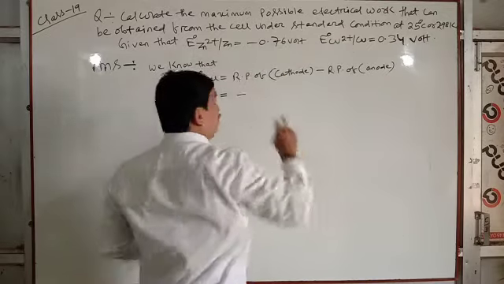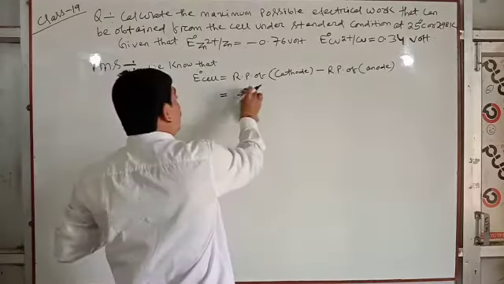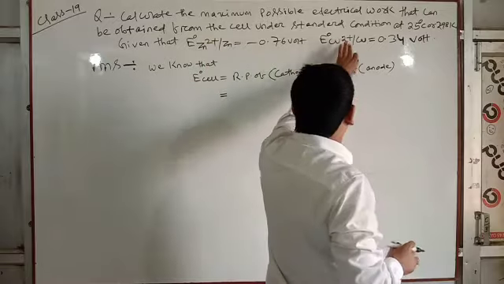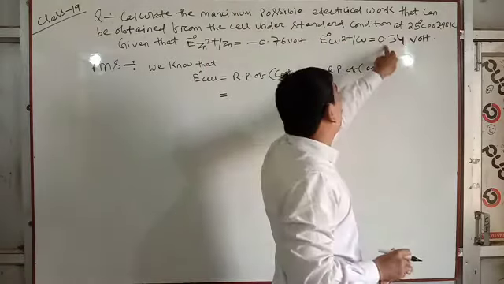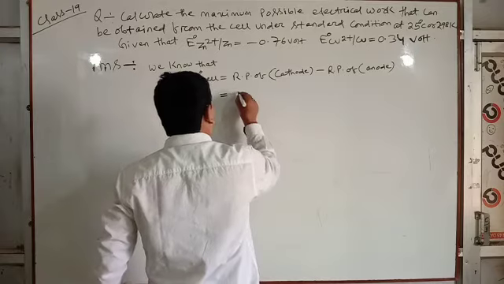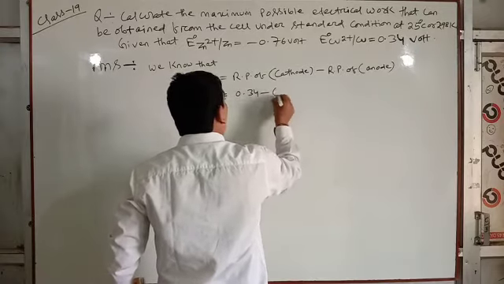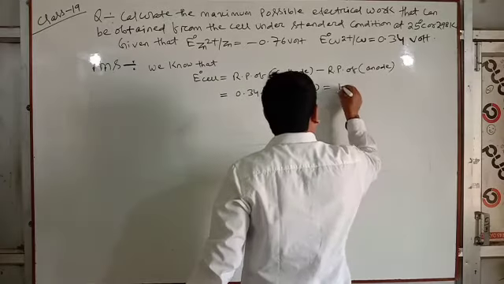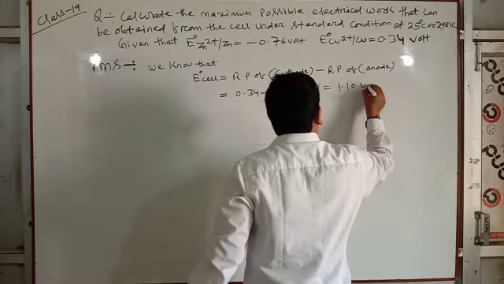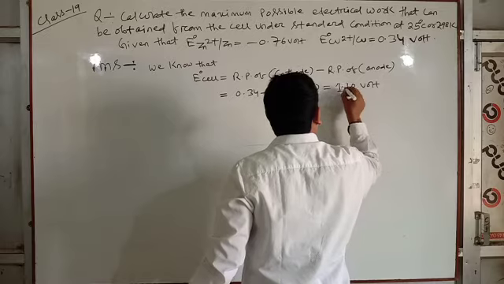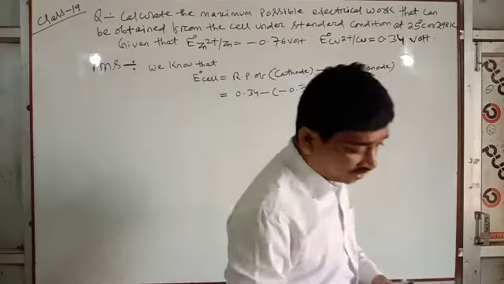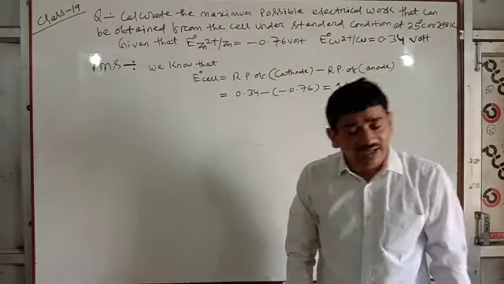Look at this, this is reduction, this is reduction. Both are reduction potentials, so the higher value is the cathode. This is the higher value. So 0.34 minus 0.76, that is 1.10 volt.